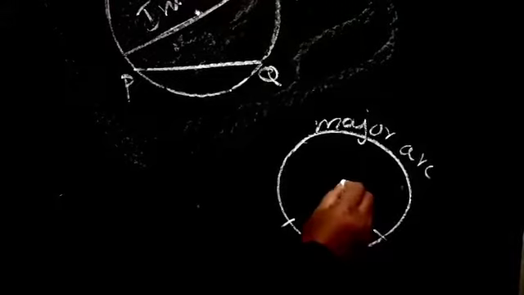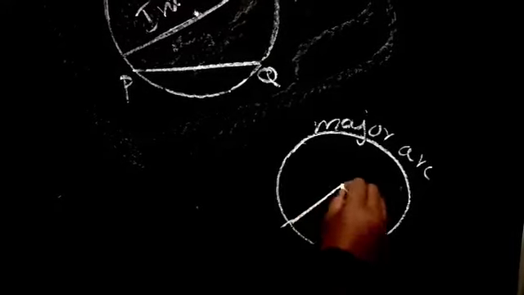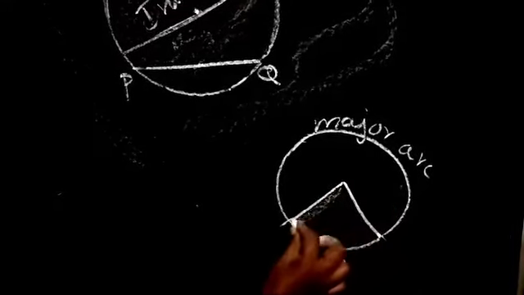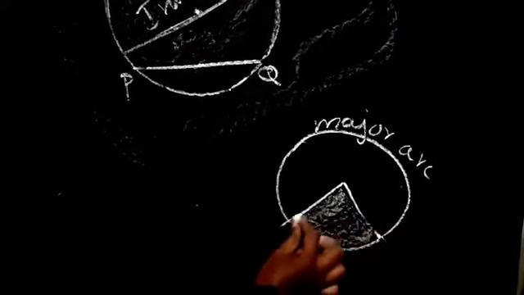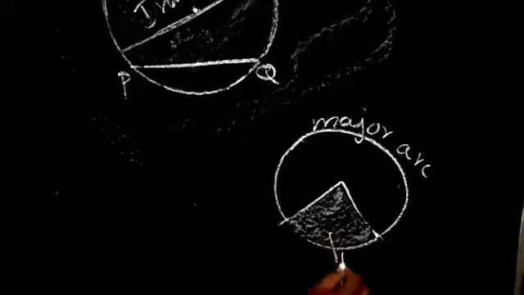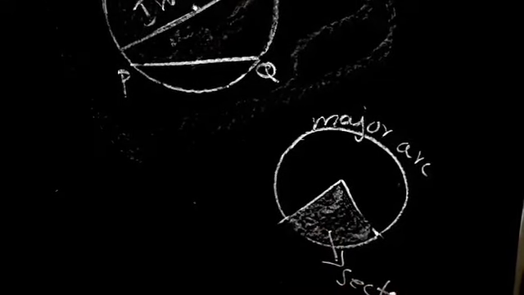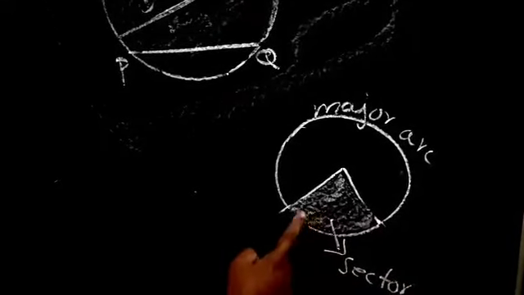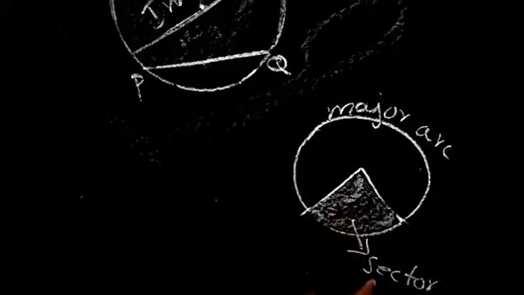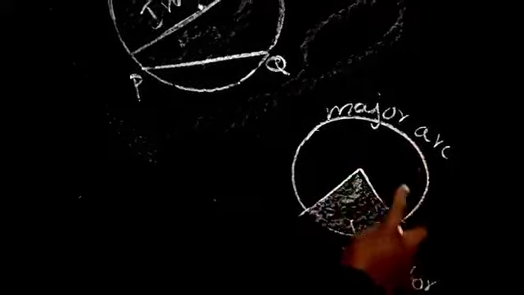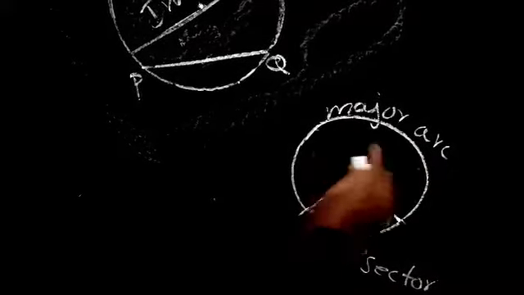If we join through the center like this, the portion is called a sector. The small one is called a minor sector. This major portion is the major sector.